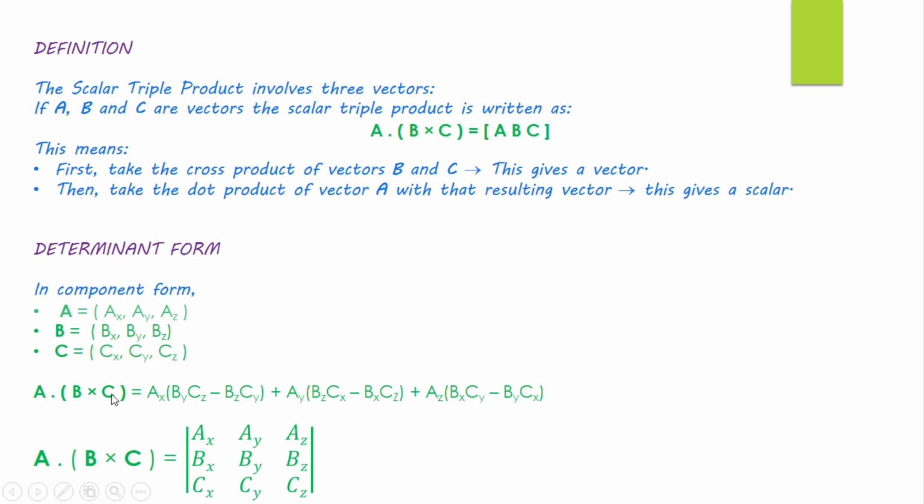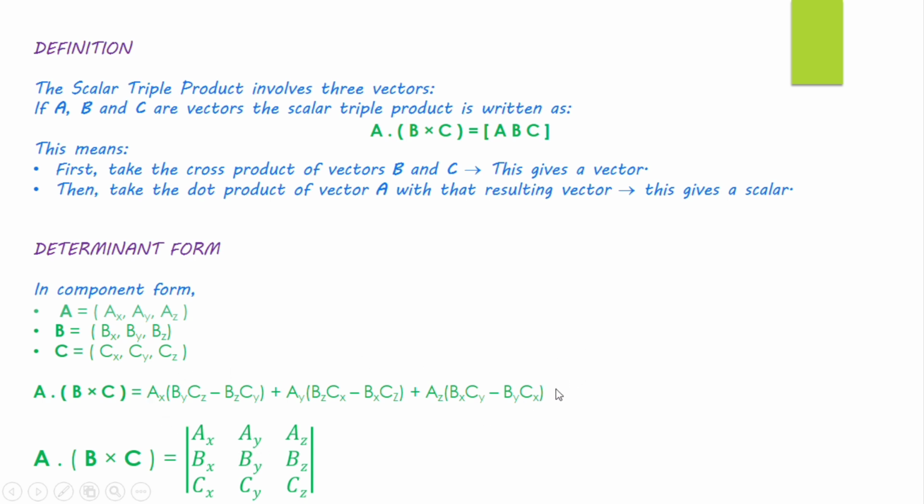Now A dot B cross C can be expanded in the form Ax times (ByCz minus BzCy) plus Ay(BzCx minus BxCz) plus Az(BxCy minus ByCx).